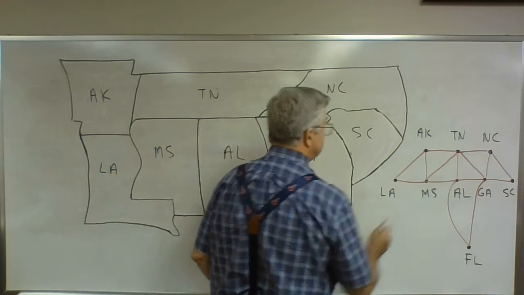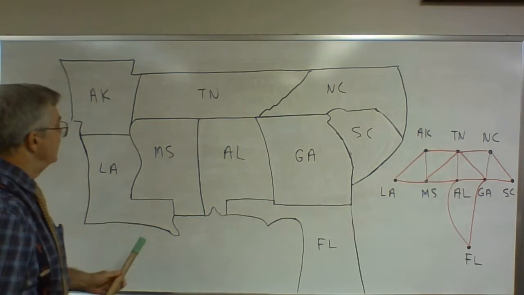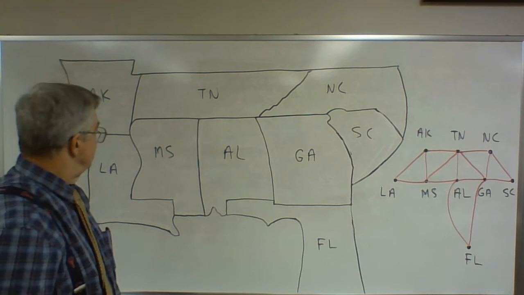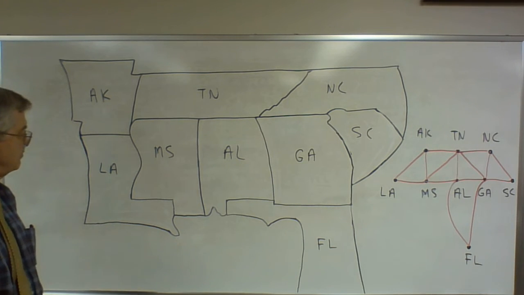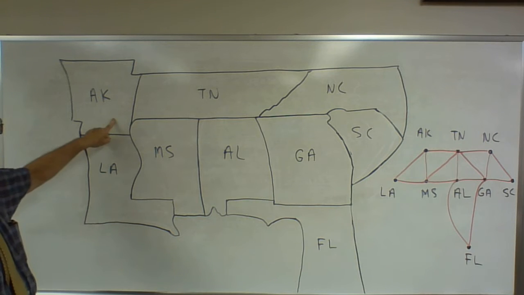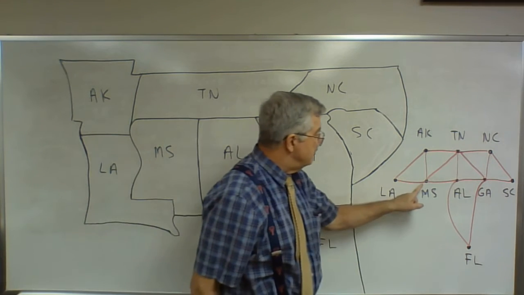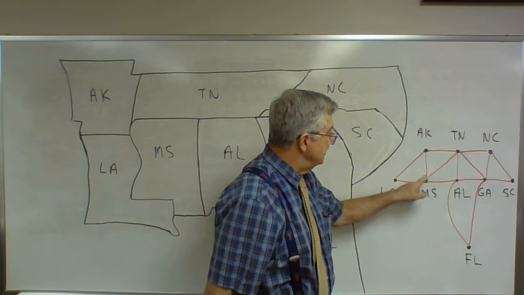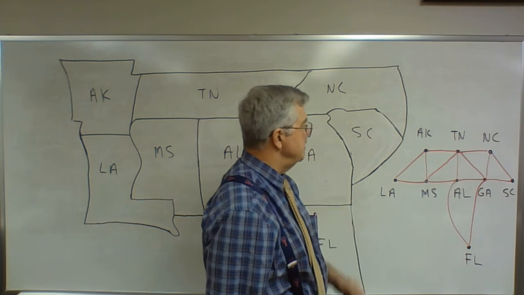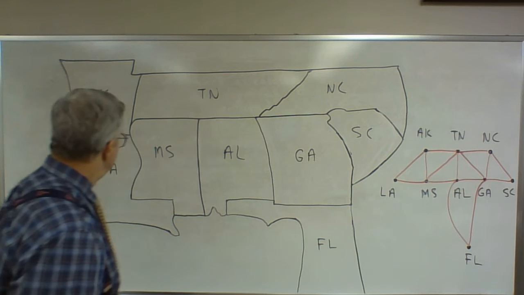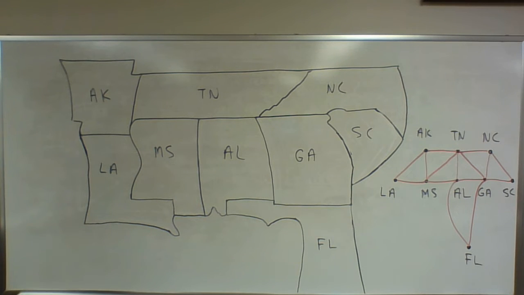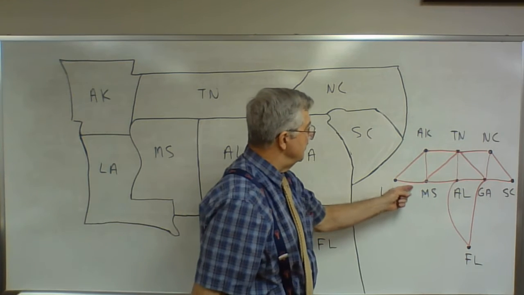We've got that. And let's see. How many states does Mississippi border? 1, 2, 3, 4. And we have 4 edges connected to the vertex for Mississippi. We got them all. Louisiana borders Mississippi and Arkansas, and we've got those already.